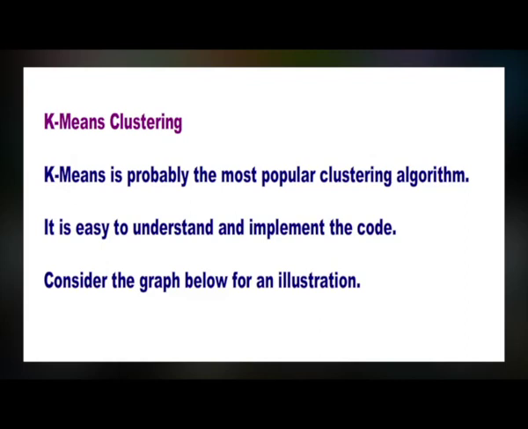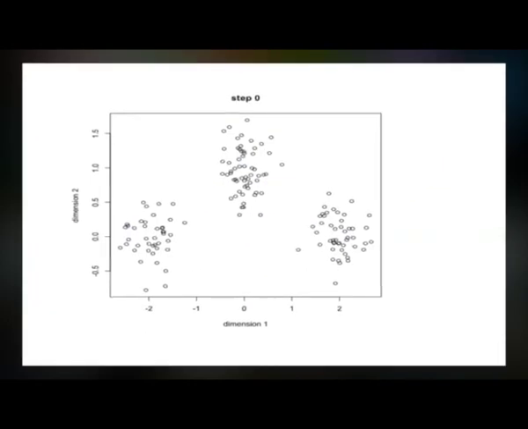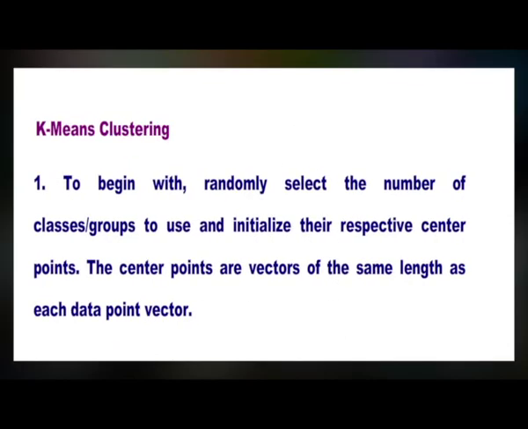K-means is probably the most popular clustering algorithm. It is easy to understand and implement in code. Consider this picture for an illustration. In k-means clustering, to begin with, randomly select the number of classes or groups to use and initialize their respective center points. The center points are vectors of the same length as each data point vector.